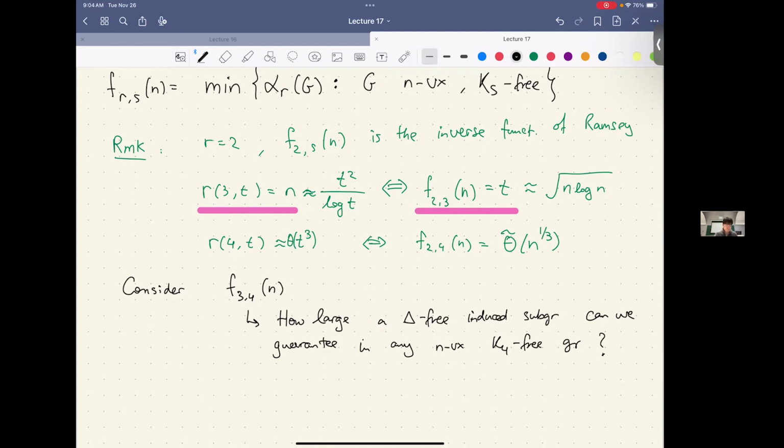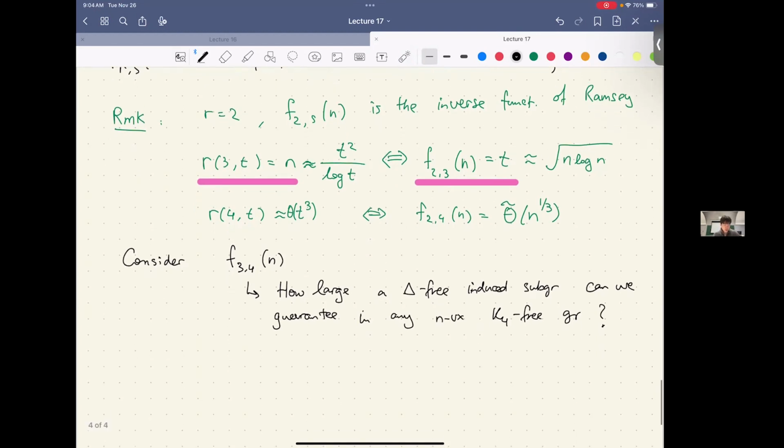Okay. Now, by these Ramsey results, F34 is at least F24, because if you can find an independent set, the independent set is definitely also triangle free. It's easy to get the lower bound. Let's get the lower bound.